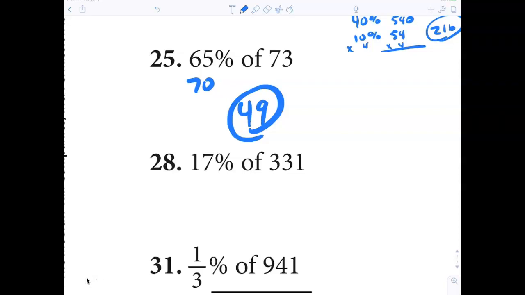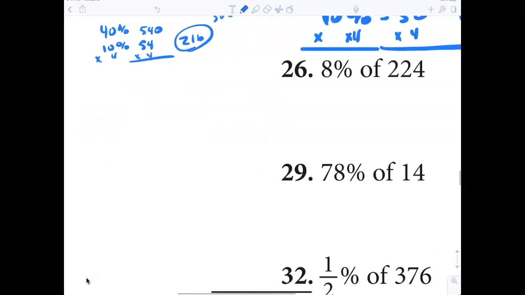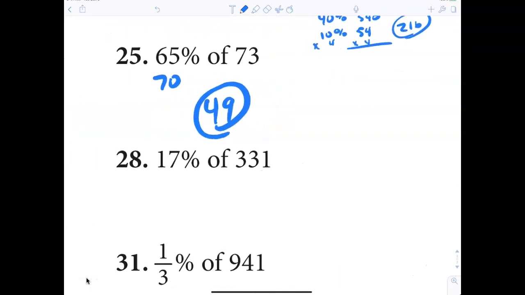Very good, I feel better now. Can you do that a little bit slower? Well, 70% of 70. So 10% of 70 would be what? 7. So 7 times 7.